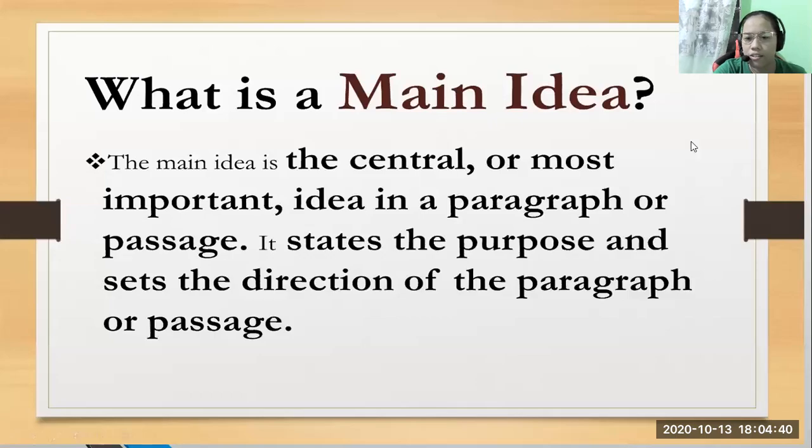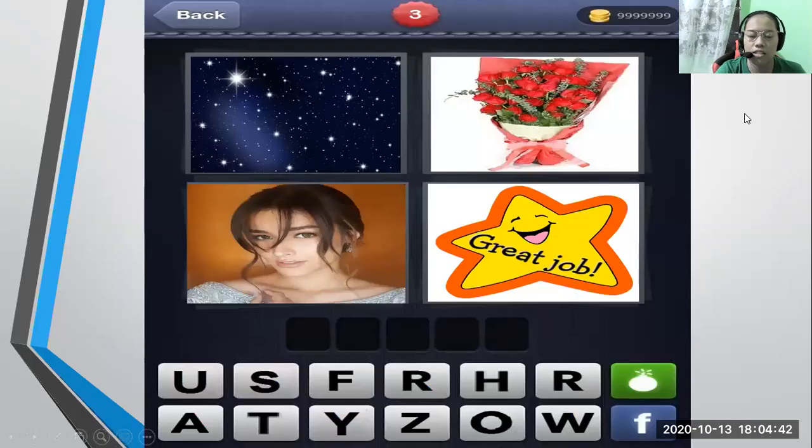All right. So before we proceed to that, let me just ask you a question. How did you come up with the correct answer? Okay. For you to be able to come up with the correct answer in a 4 picks 1 word, you have to be able to connect all those pictures and think of the idea that all those pictures are showing.